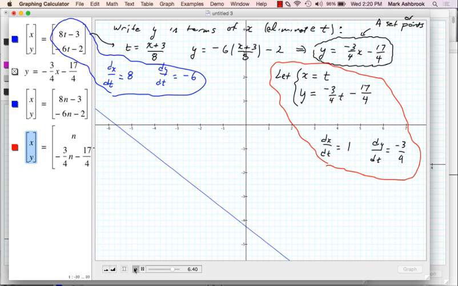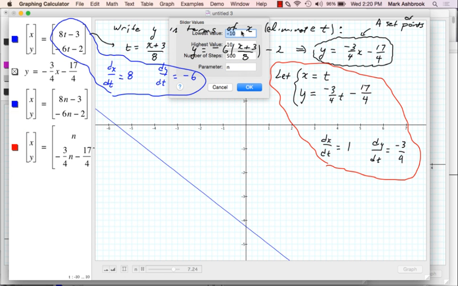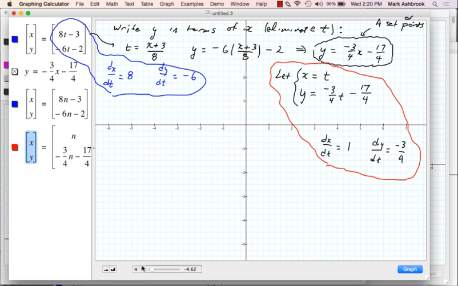Let's make it a smaller range here. Try it again. So this is the second version, generating points. The value of t is there, -1.